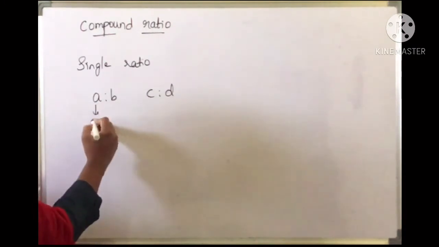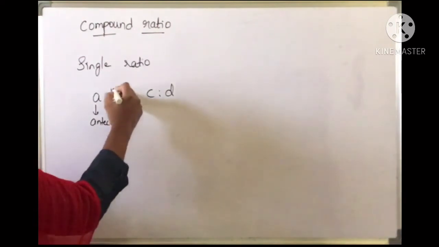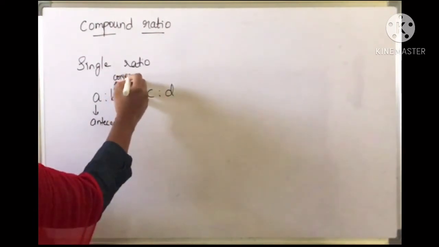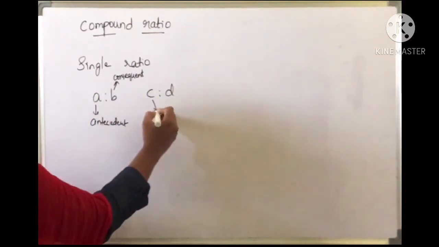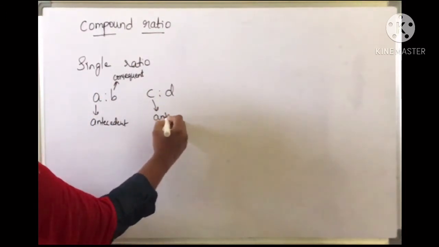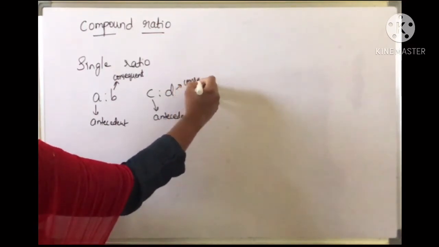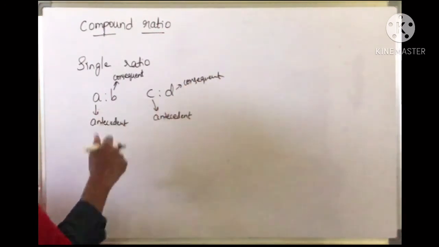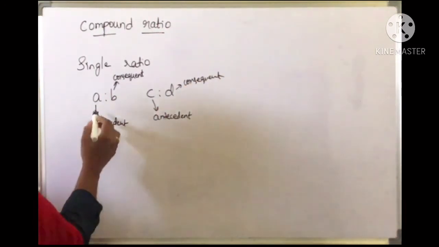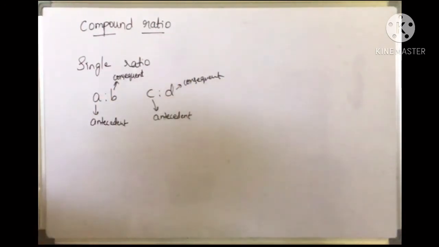In A is to B, A is the antecedent and B is the consequent, because the first term of a ratio is called antecedent and the second term is consequent. In C is to D also, C is the antecedent and D is the consequent. So we express these two ratios as a single ratio by taking the product of antecedents is to the product of consequents. That is nothing but the compound ratio.